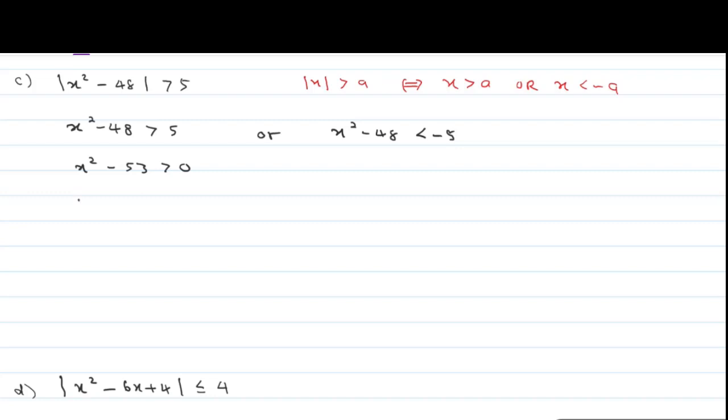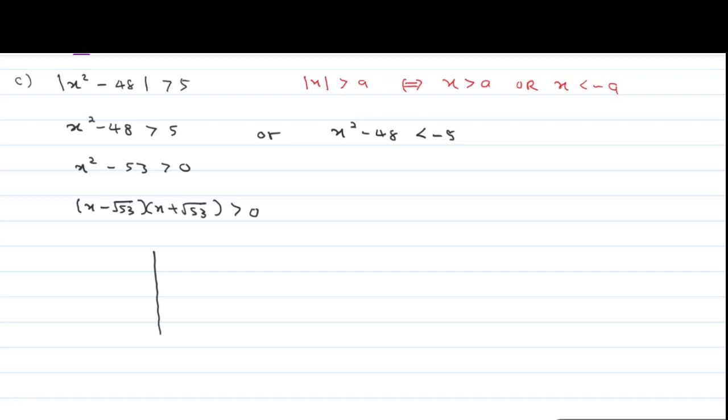The second step is to factorize. So we have x minus square root of 53, x plus square root of 53 greater than 0. The third step is to use a table of signs or a graph to solve the inequality. Here I choose to use the graph.